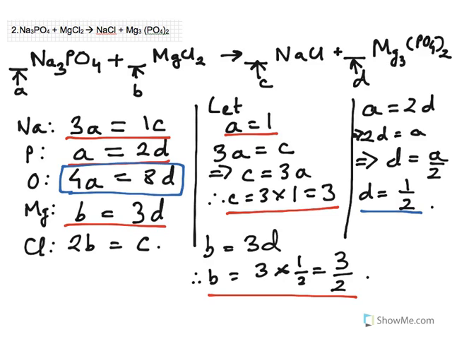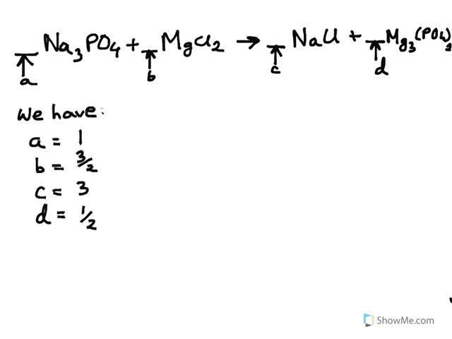Since the highest denominator in this example belongs to B and D, we will multiply that denominator with all the variables. So far we have A equal to 1, B equal to 3 over 2, C equal to 3, and D equals 1 over 2.